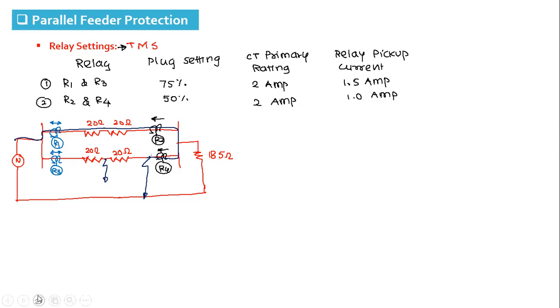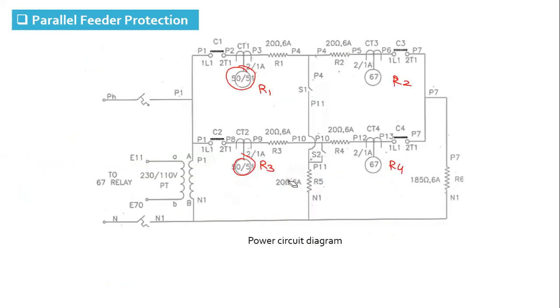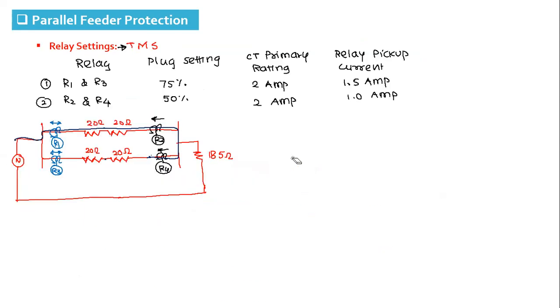So we will consider the fault at this point. That will give us the maximum current, and here we have a fault limiting resistance of 20 ohm. Let us consider the equivalent circuit with 20 ohm fault resistance and calculate the total fault current.